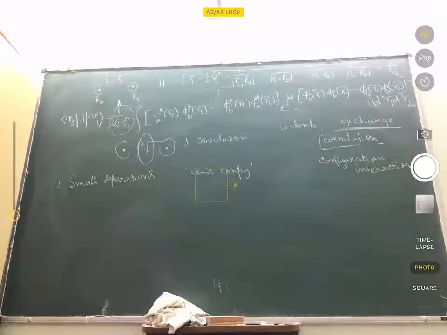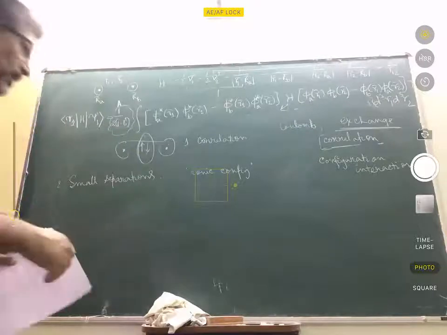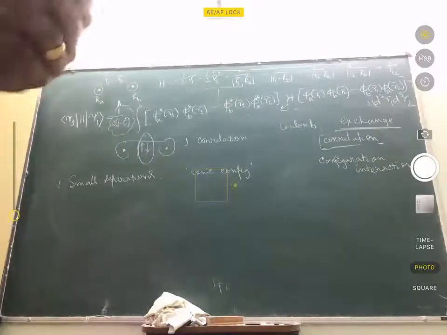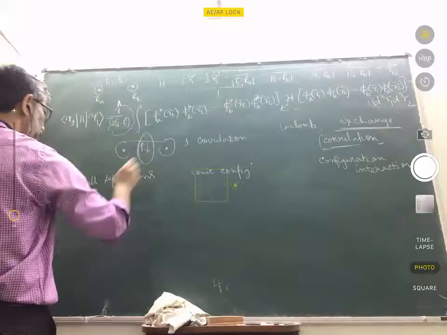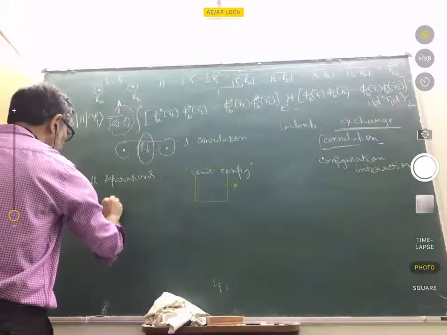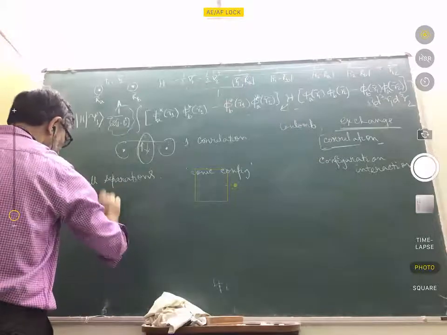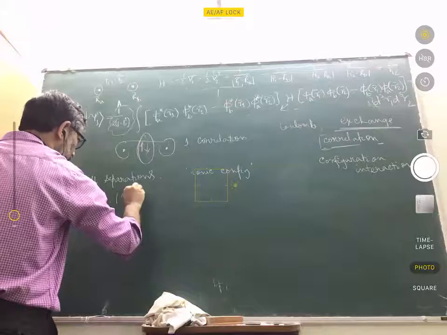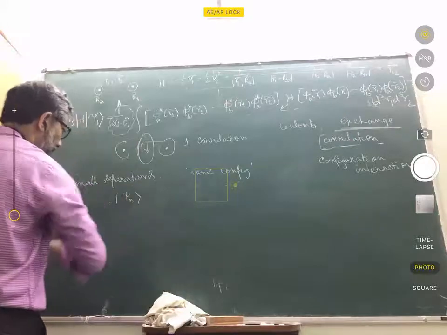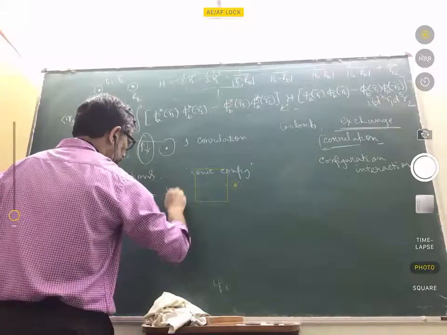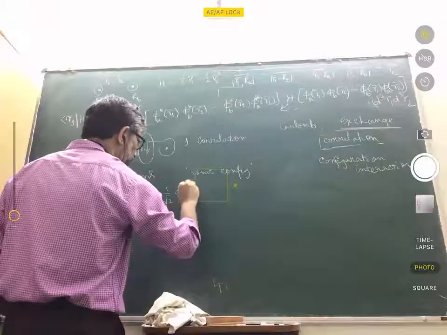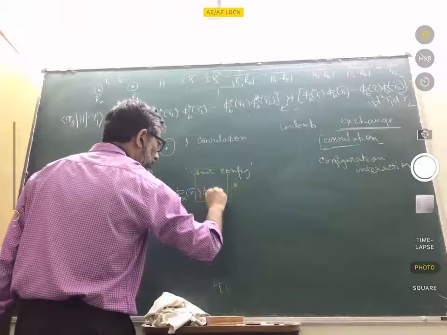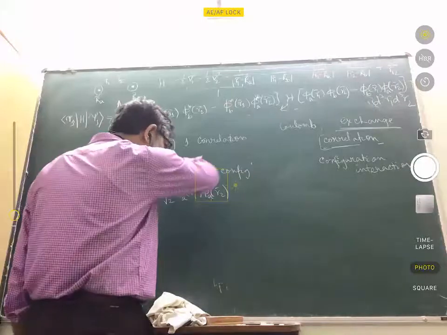So then what I'm saying is that we now consider, let's say, ionic configurations and figure out whether these are important or not. So what would be an ionic configuration? We could have a situation when both the electrons are on phi A. So we could have a configuration that we call psi A, where both electrons are on phi A, but then the spin part has to be antisymmetric.